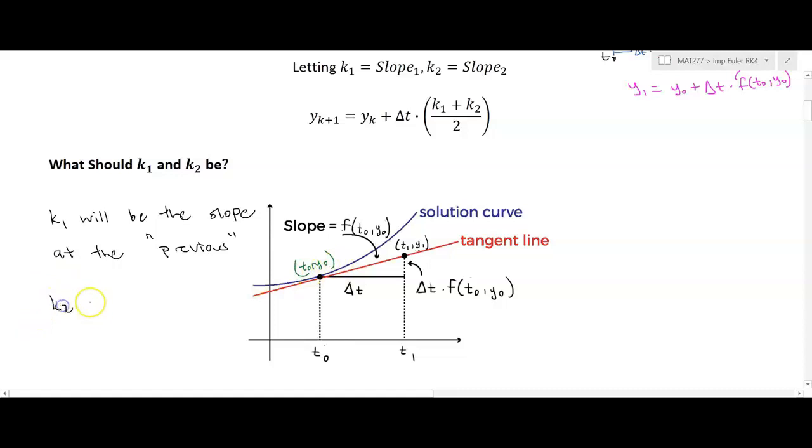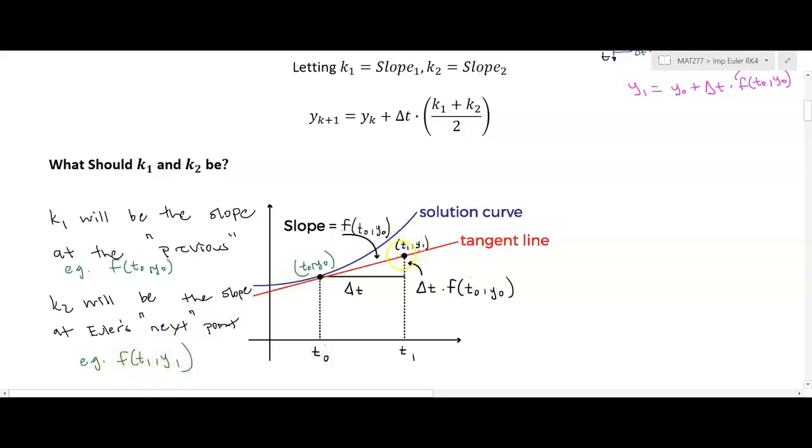K2 will be the slope at Euler's, the standard Euler's method, next point. So in this case, for the drawing, we would say this would be the slope at t0, y0. So that would be f of t0, y0. And the second slope we would get is this, the hypothetical slope at t1, y1.